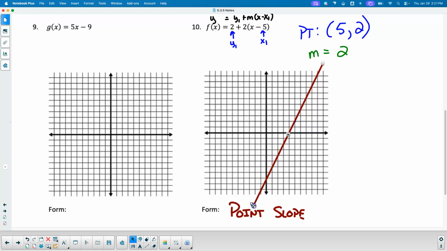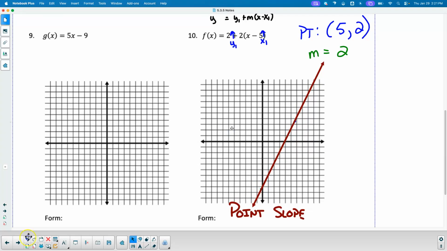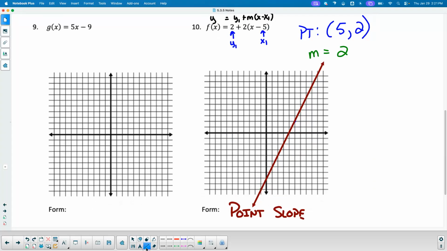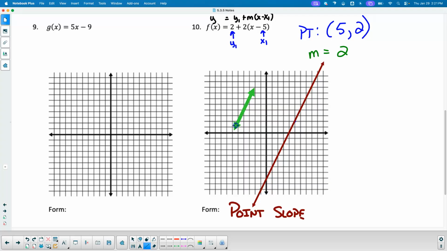You want those arrowheads to be outside of the grid. You don't want them in the grid. I don't want a line that looks like this. Now I gotta get a solid line again. I don't want a line that looks like that. I don't want just a little nub of a line. I want that line to go all the way across your graph.